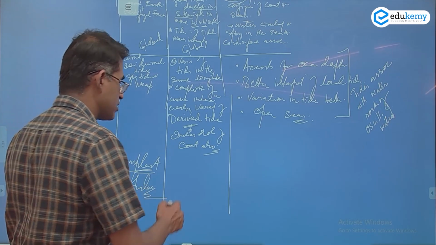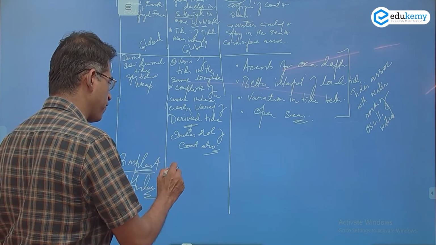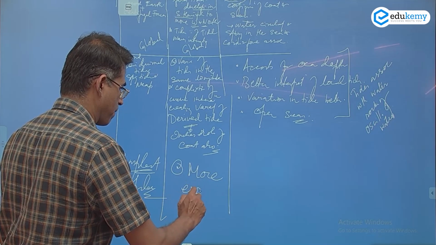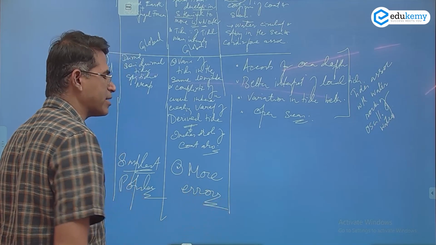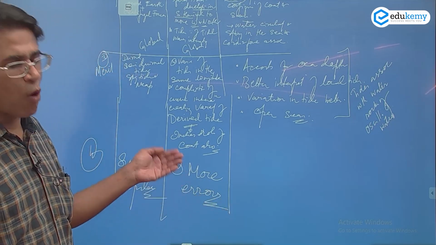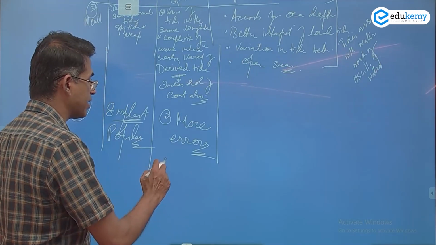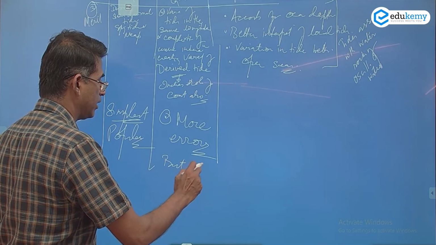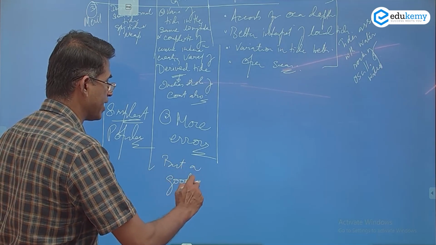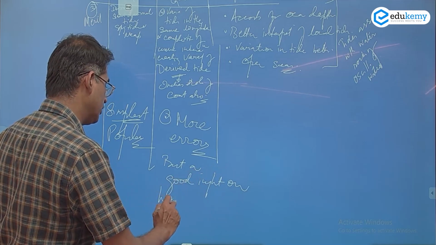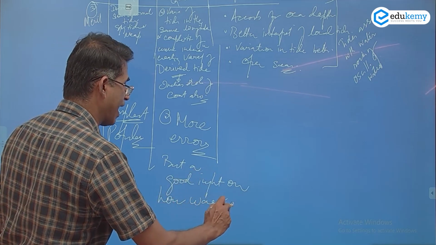Whereas the progressive wave theory has relatively more errors in the assumptions that it makes, but it gives a good insight on how waves can interact.